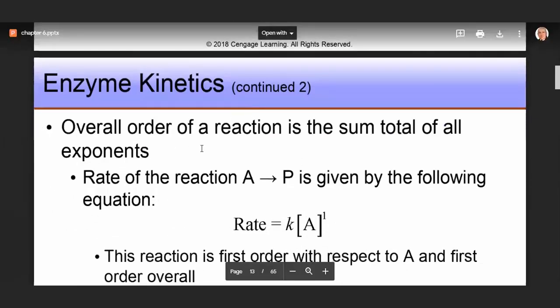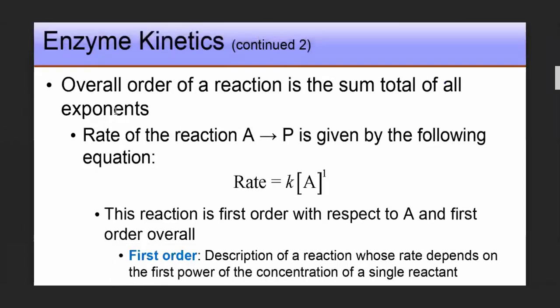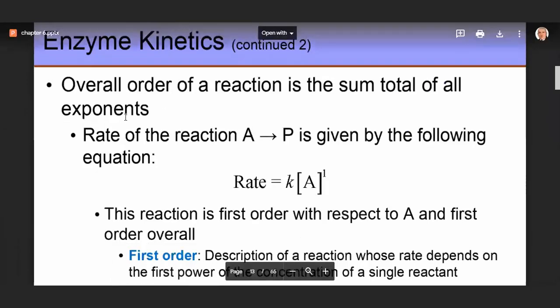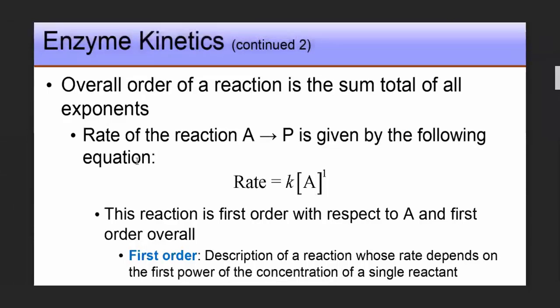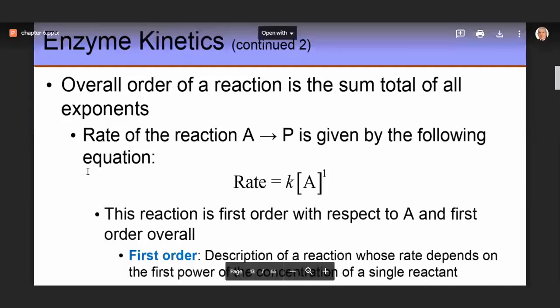Now, the overall order of reaction is the sum total of all exponents. In this case, we will examine three orders of reaction: first, second, and zero. The rate of reaction of A going to P is given by the following.